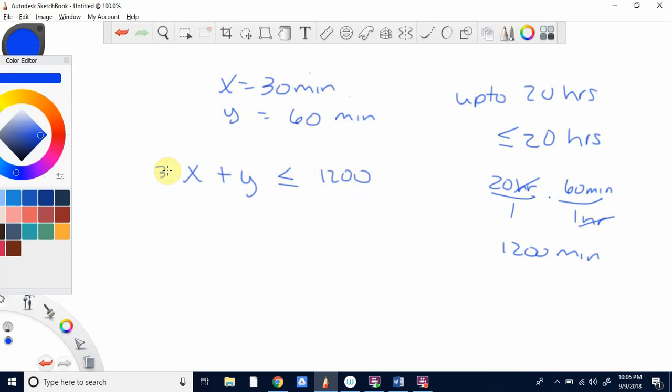Okay, so I have 30-minute classes, right? 30 minutes times X, and then a 60-minute class is going to be 60 minutes times Y, right? So the number of minutes is going to be less than or equal to 1,200. So I'm going to simplify by dividing everything by 30.